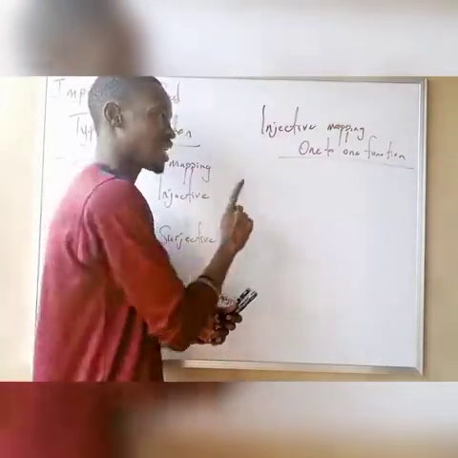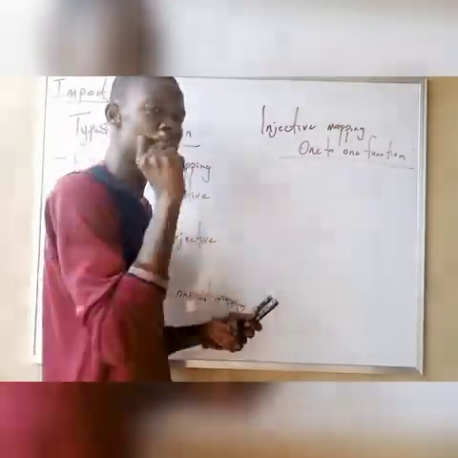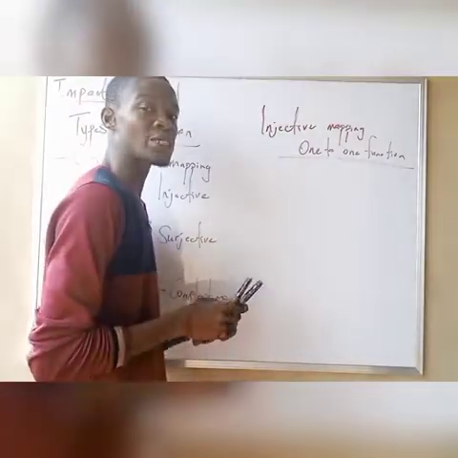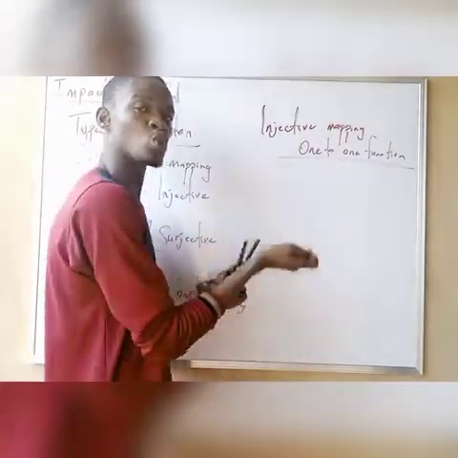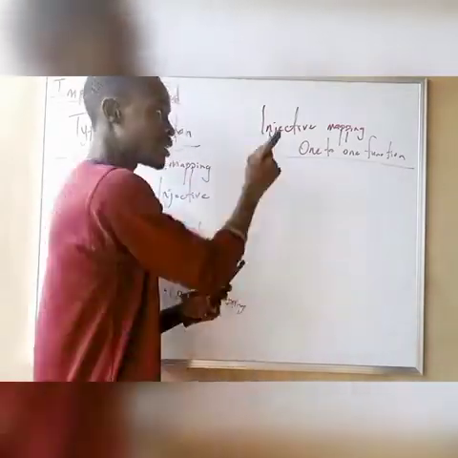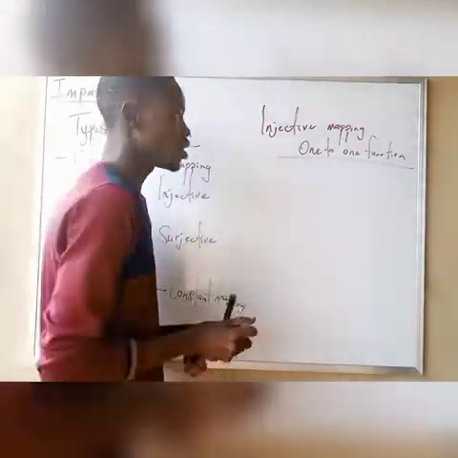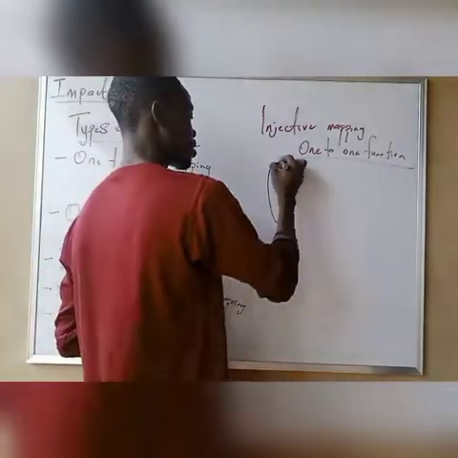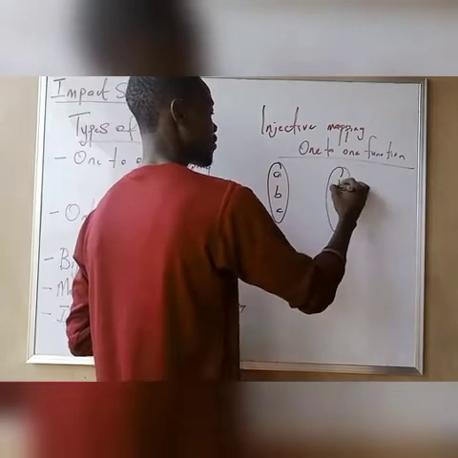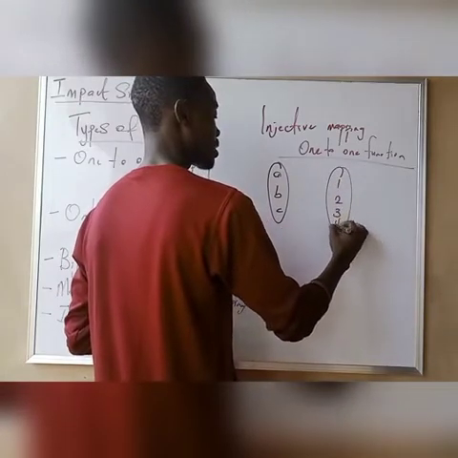But note that there is a condition. It must not overlap. So that means if we are having a function that is one-to-one, that means one element to one element, and it is overlapping, that will not make it injective. So when we are talking of injective, we are talking of a situation like this. A, B, C, we can have it as 1, 2, 3, and let's say 4.